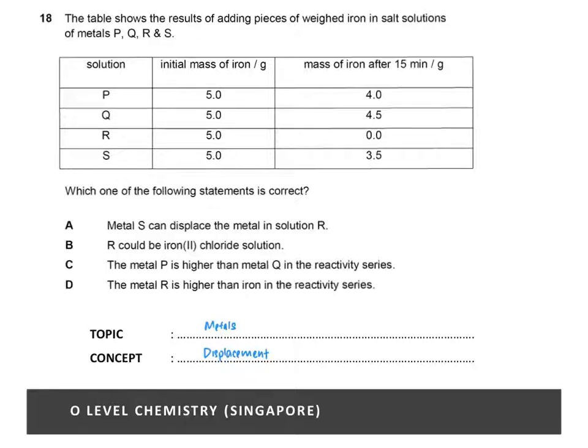So what is happening here is that we have salt solutions of metals P, Q, R, and S. And we are going to put a piece of iron into the salt solutions.